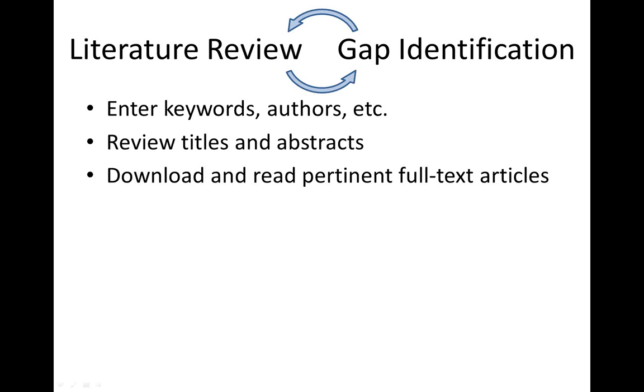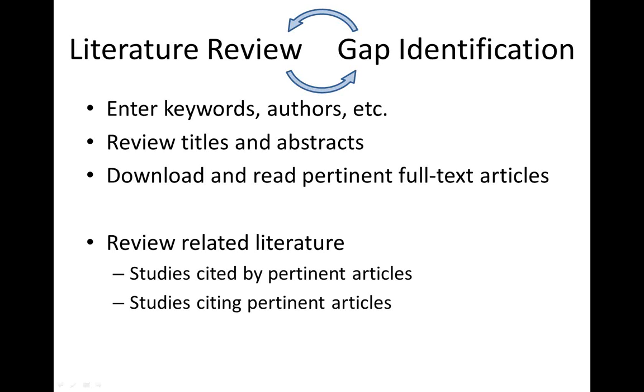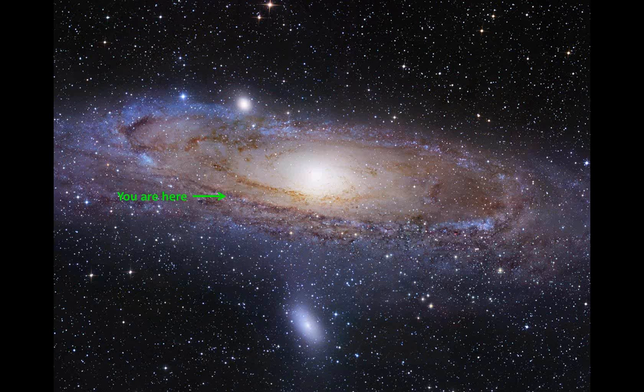Okay, so back to the slideshow. When you start doing this process, you should pretty quickly start to get an idea of where you are in this galaxy of your topic. However, that's not always that easy. I mean, maybe you're there, or is it here?